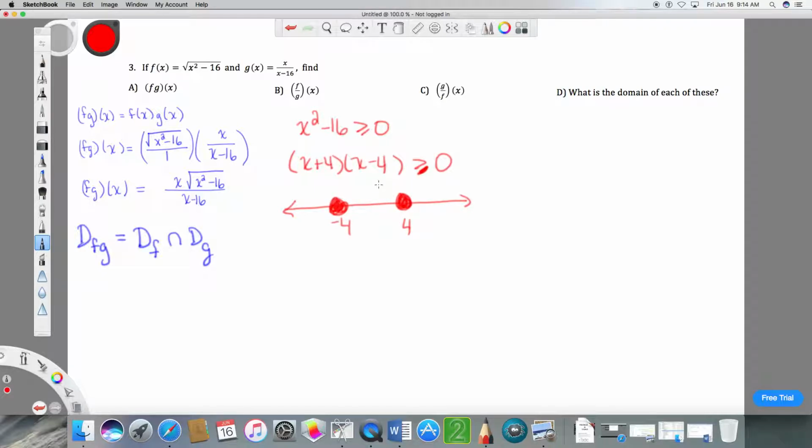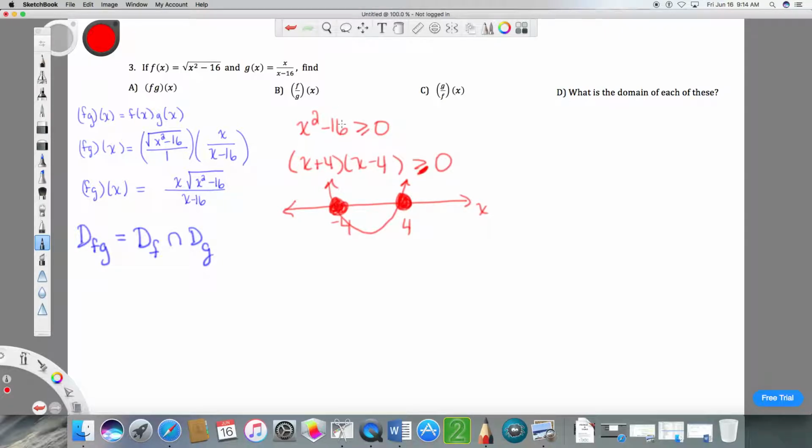Now, with these quadratic inequalities, we have to make a decision of either to shade the numbers in between there or to shade the numbers that are away from the center out in the tails. And I always use a parabola. I know that the graph of this x squared minus 16 is a parabola that opens upward. And I know that what I just found with the -4 and +4 are the x-intercepts.